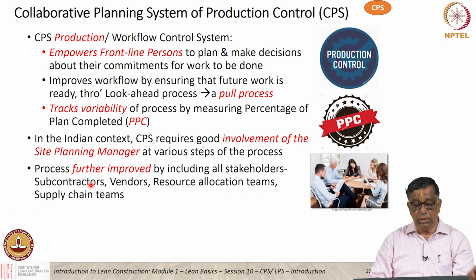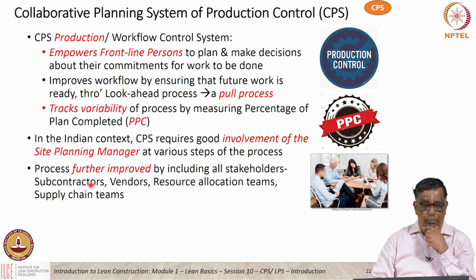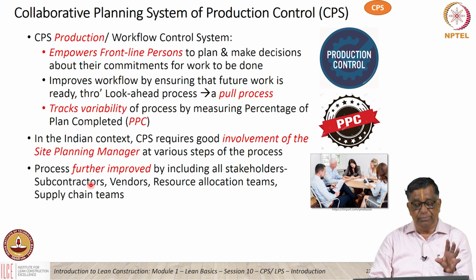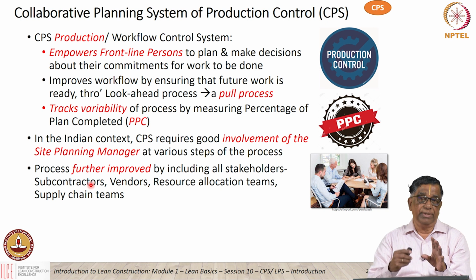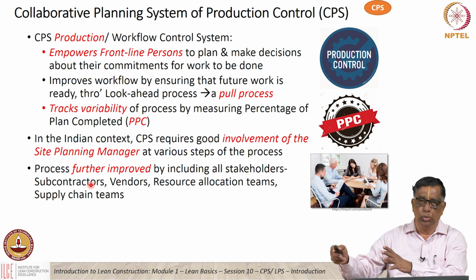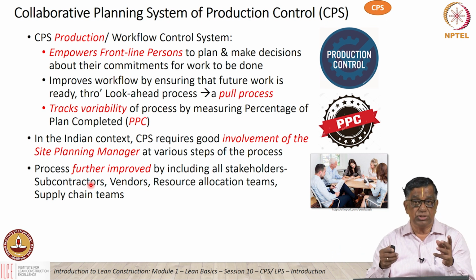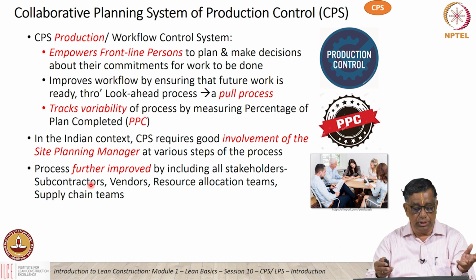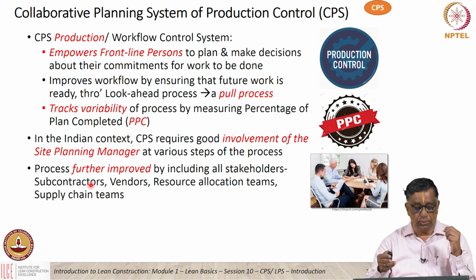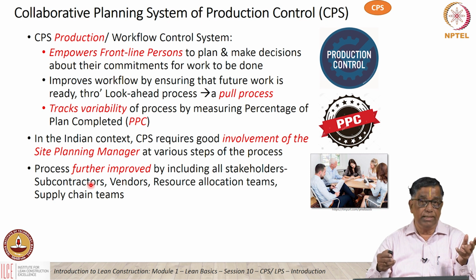So looking at the collaborative planning system of production control in a better manner, all the frontline people are now fully empowered. Earlier, they had a total disconnect from planning. Somebody tells them what to do, they just go and do it. But now the planning is done by themselves and they are fully empowered. And then they use the pull process to improve the workflow, and the variability is again tracked.